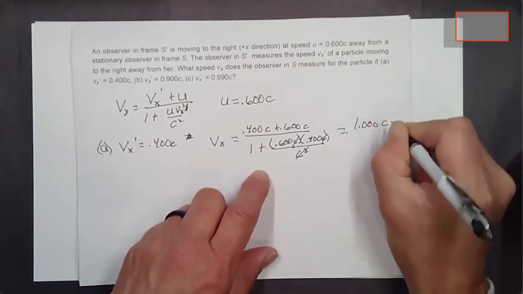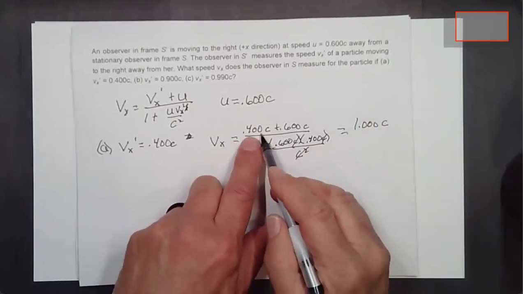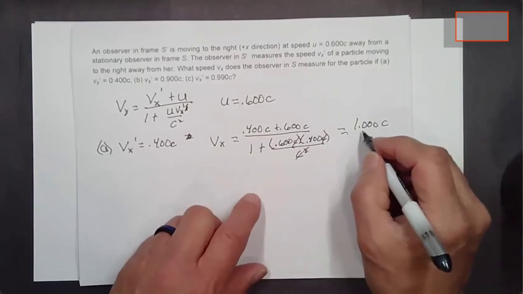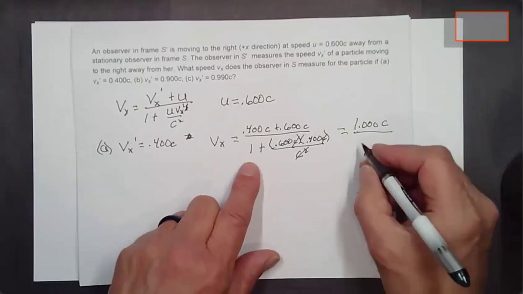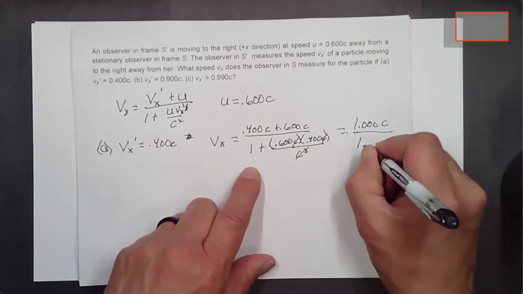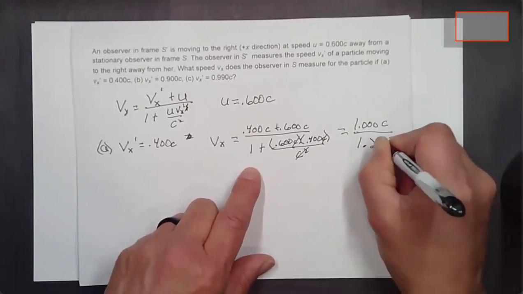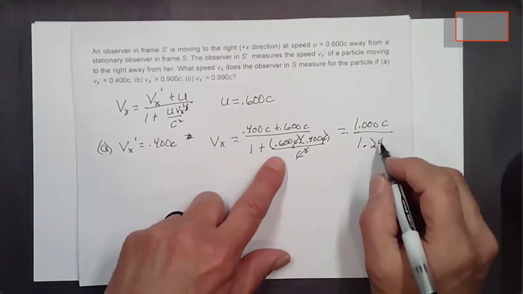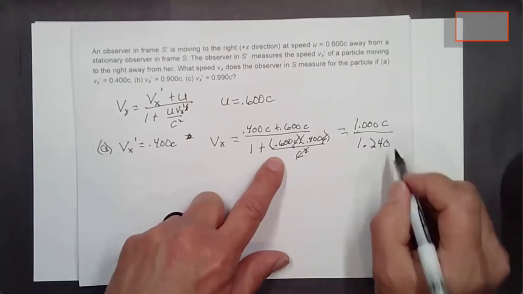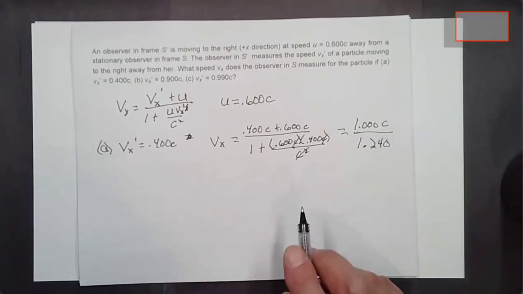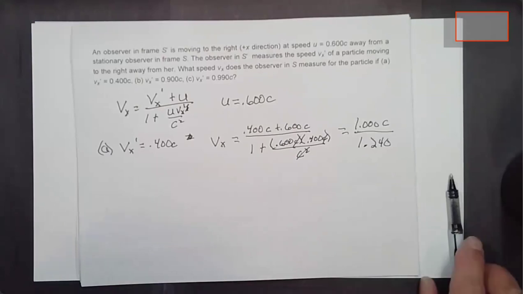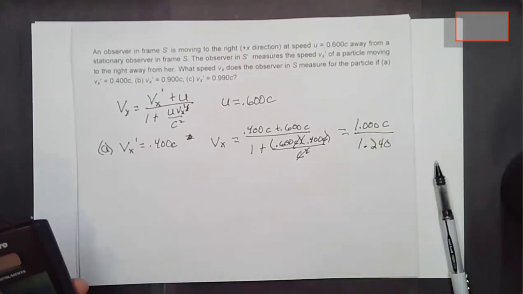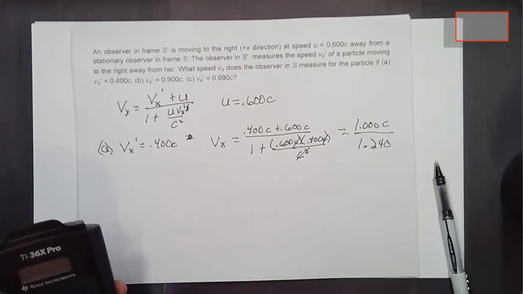1.000 c. The significant digit remains in the thousandths place, but I'm not going to have that much on the bottom. And then 1.24, actually I'll have 1.240. So I'll get 3 sig figs on this. But it's not going to be the speed of light. It's going to be smaller than that, and that's just something that happens.